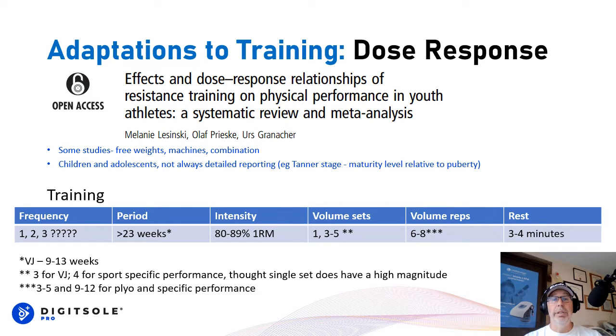But what was interesting is for plyometric and some of the sport performance, like the sprinting characteristics or metrics, we find that the 3 to 5 and the 9 to 12 give us some similar outcomes, which is kind of interesting. But again, did they get the same rest periods, sort of that maximal 3 to 4 minutes, and whether or not that was appropriate with regards to whether they're doing this higher or lower volume?